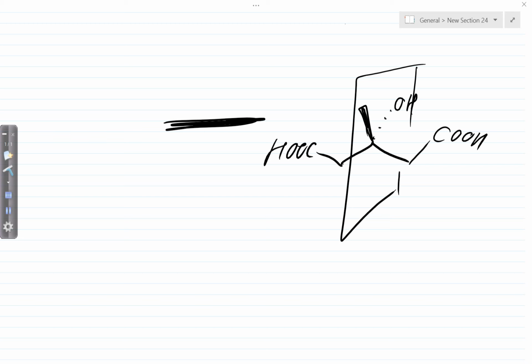Think about it again, the shape. You can rotate around which bond? Which bond can you not rotate? Can you rotate the pi bond? You can't, right? So it's chiral. Yeah, it's chiral.